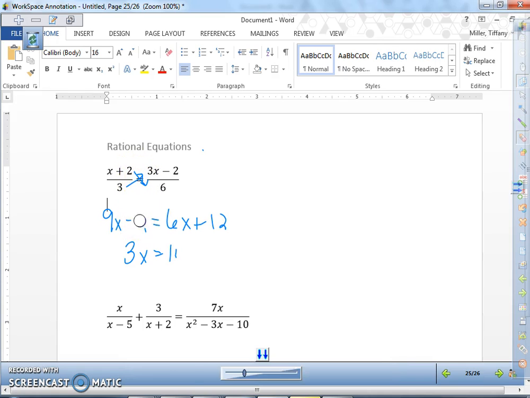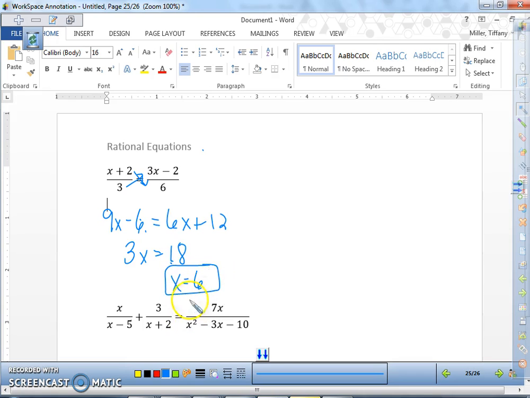Wait, no, this should be 6. Add the 6 over, you get 18. Divide by 3, x is equal to 6. And then you would check and make sure it doesn't make the denominator 0. Well, in this case, it doesn't because there isn't an x on the denominator, so it's good.